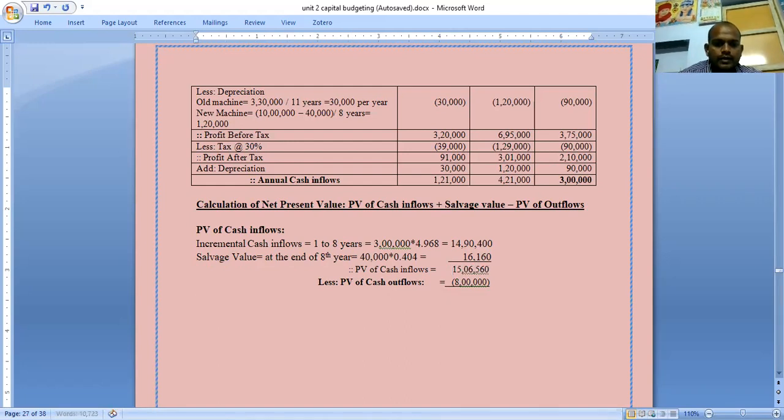So we have to deduct the cash outflow so that we'll get the net present value, that is 7,06,560.